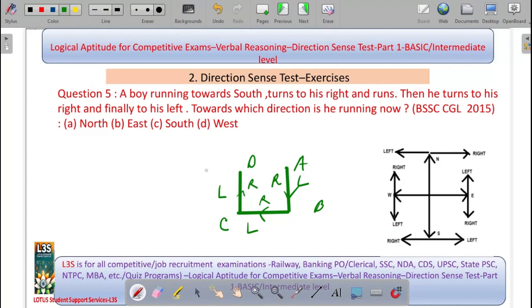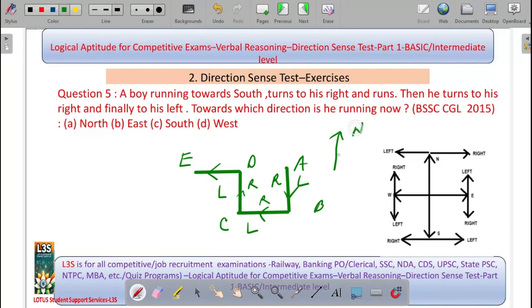Now finally to his left. So he will go towards this direction. Finally he is moving towards his left, this direction. Finally he will be moving to E, this direction. So this direction is west.